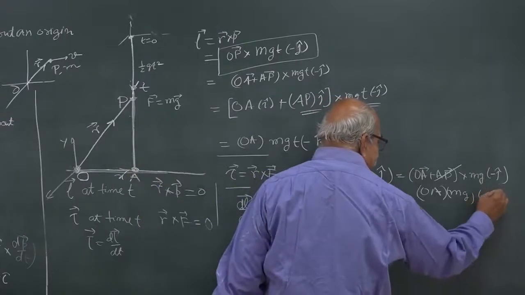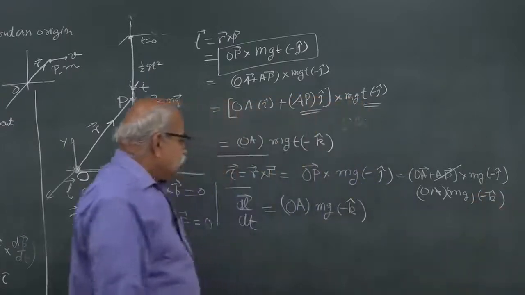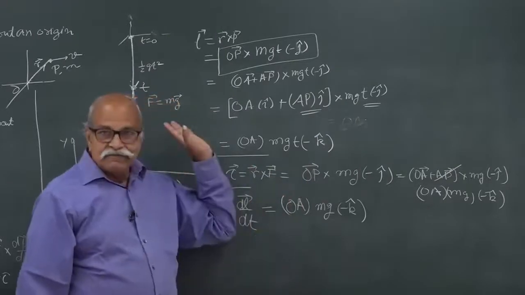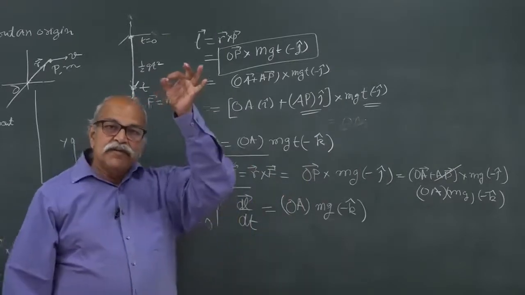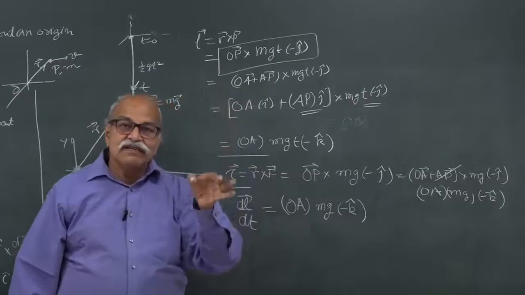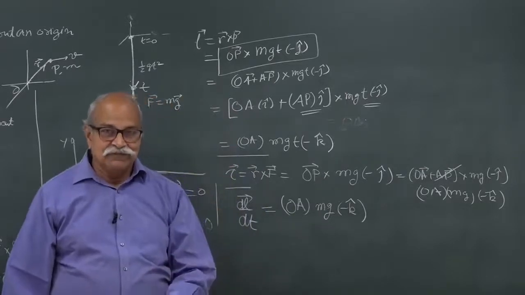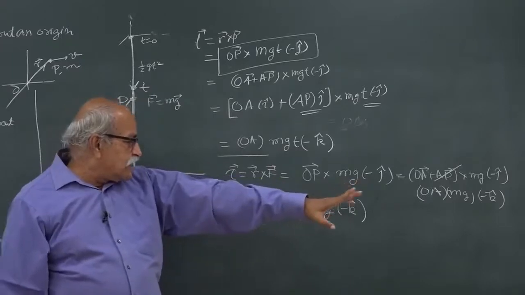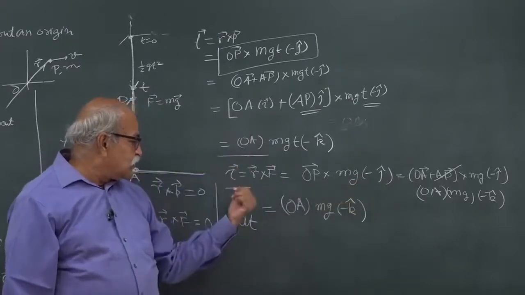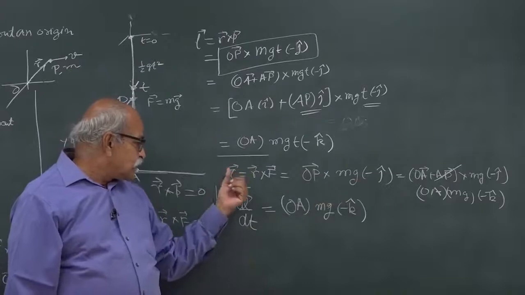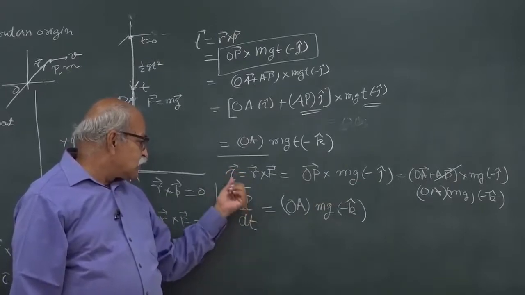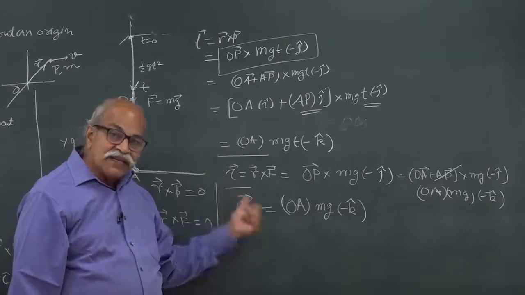So, minus k cap, simple. Torque is the same as this dL/dt. So, even for a particle which is falling vertically under gravity, if the origin is chosen in a certain way, you do have angular momentum, you do have torque, and the rate of change of angular momentum is equal to torque; that equation is valid.